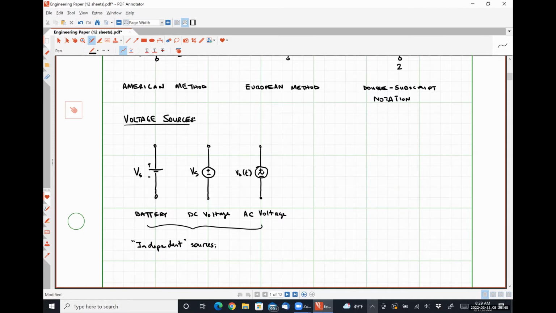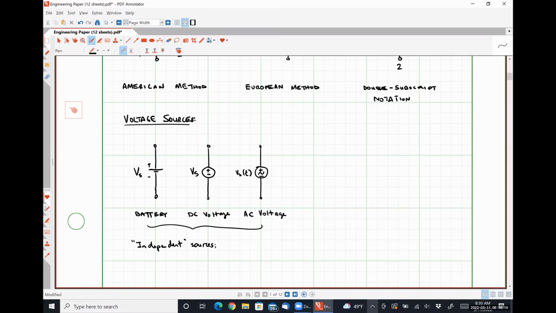Sources. And what an independent source does is it supplies a fixed amount of a quantity regardless of what else is connected to. Okay. So a 5-volt battery in our class supplies 5 volts if it's connected to nothing or if it's connected to lots of other circuitry, lots of other components, does not matter.